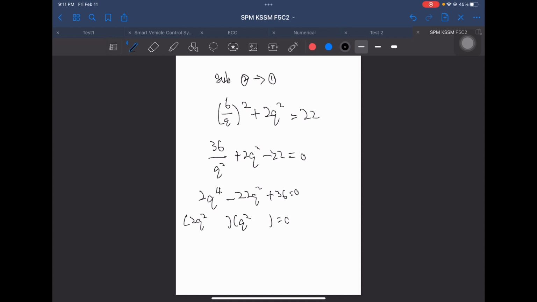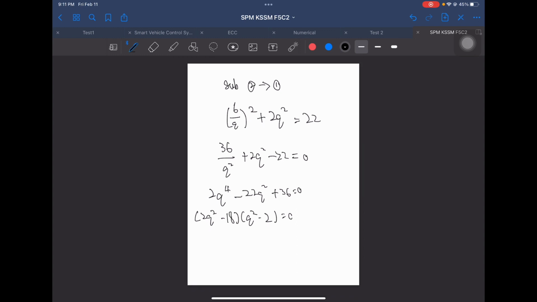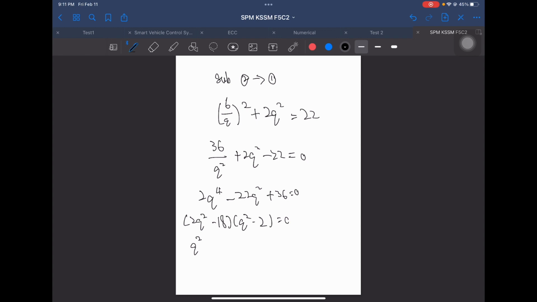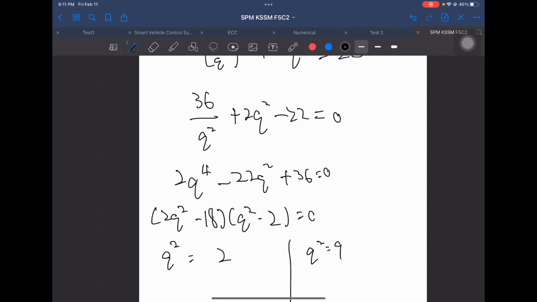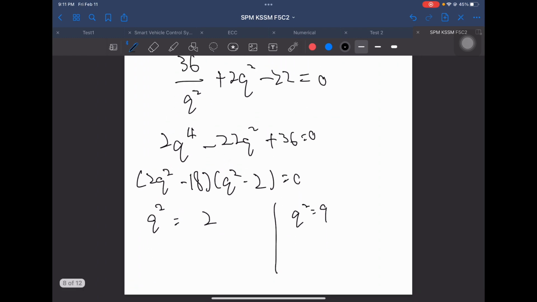So since this is minus and plus, so minus minus, and then you make this 18 and 2, so that 18 plus 2 times 2 equals 22. Okay, so q squared can be 2, or q squared can be 9. So when q squared equals 2, q equals plus minus square root 2, which is ignored as p and q are integers.